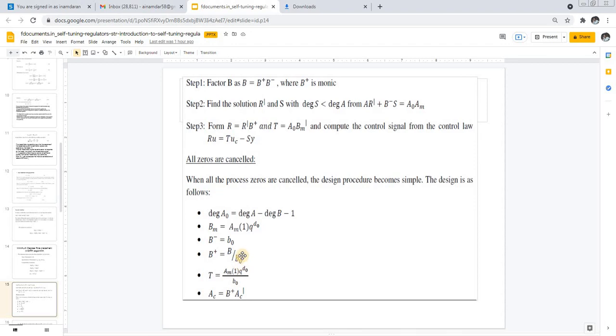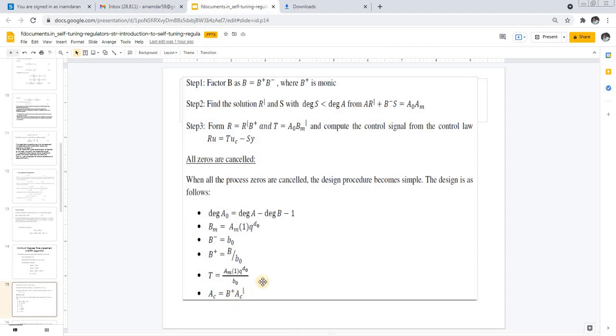Then we can get the value of T equals Am(1) q to the power d upon B naught, and the closed loop characteristic polynomial, which is this Diophantine equation AC, becomes B plus and AC dash.